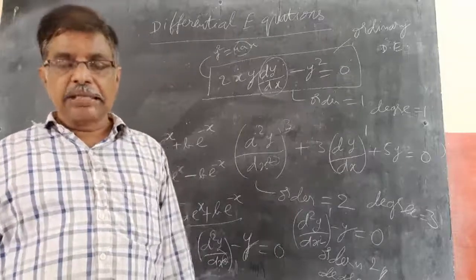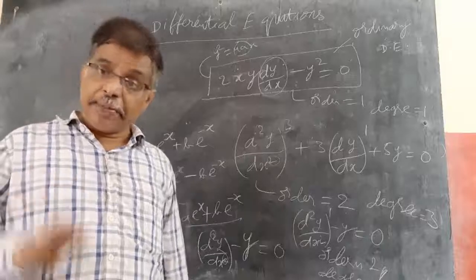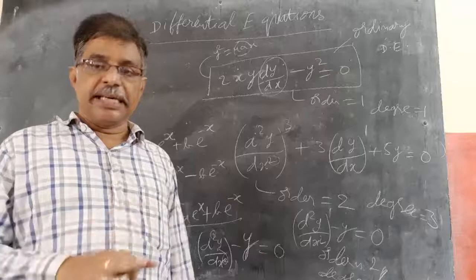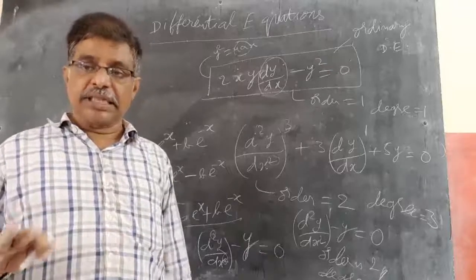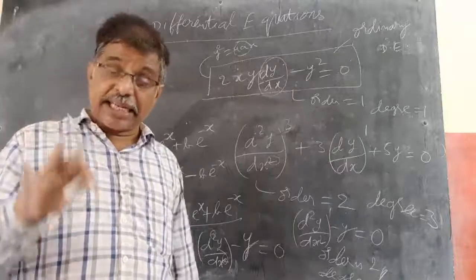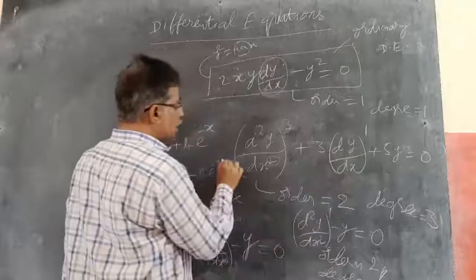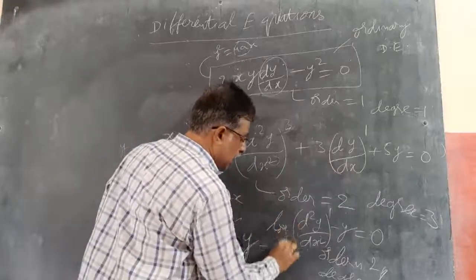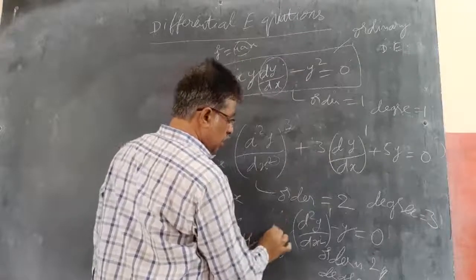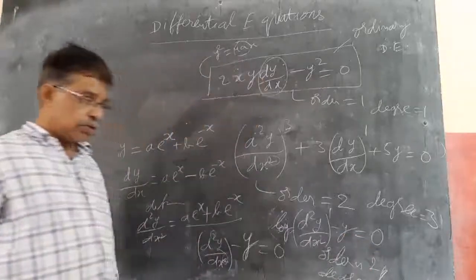So for every differential equation there will be an order, but there may or may not be a degree. To find the degree, it must be writable in the form of a polynomial. For example, the same equation is given like this, but here I will take log of d square y by dx square minus y equal to 0.